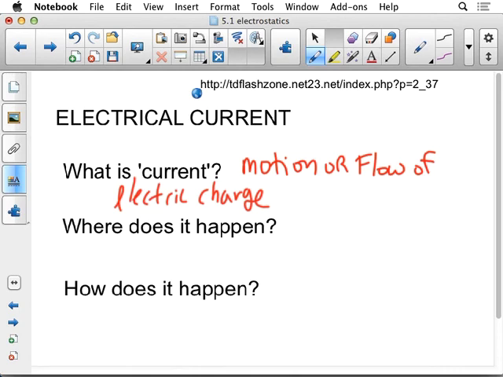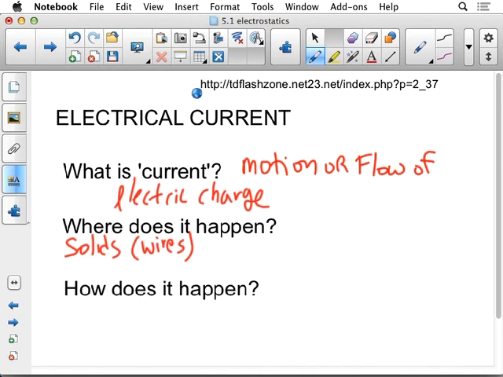It can happen in a solid, such as we saw or we have experience with in electrical wires and the conducting apparatus in parts of the Van de Graaff generator.